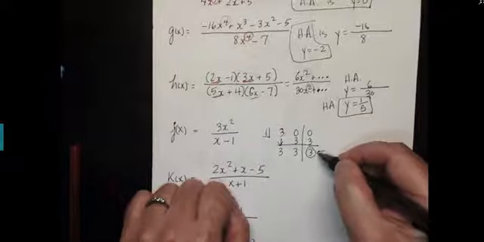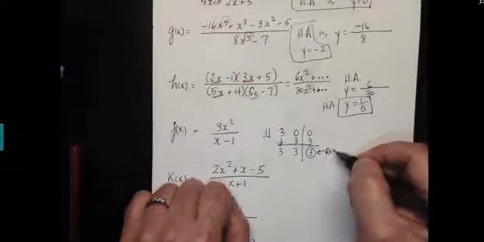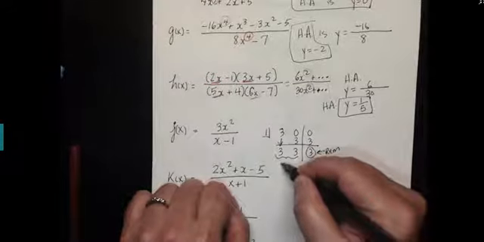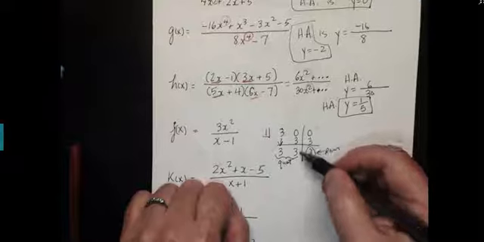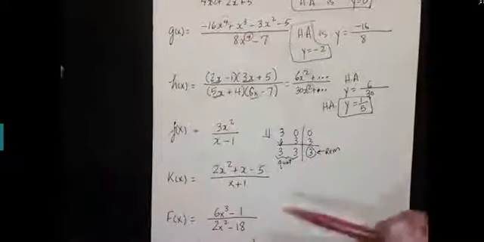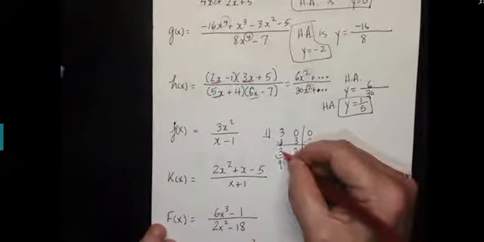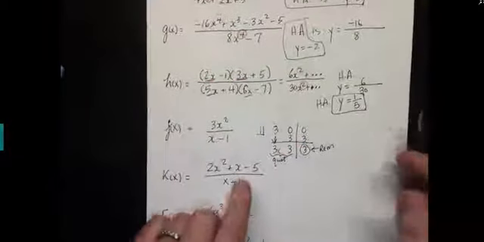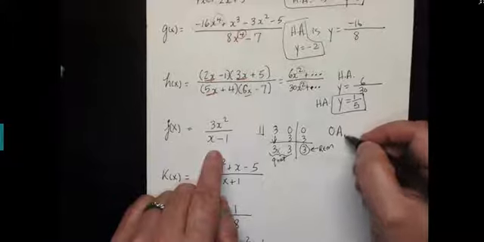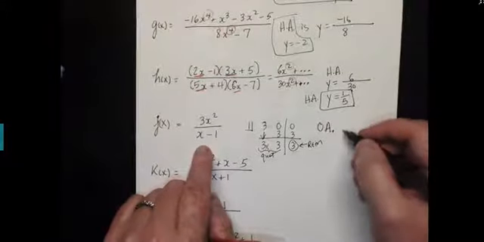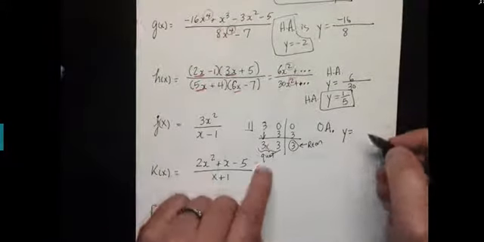That's my remainder. And these give me the quotient. So here where the line is, that's my constant, and that will be my x term. So I will have an oblique asymptote, and its equation is y equals the quotient.